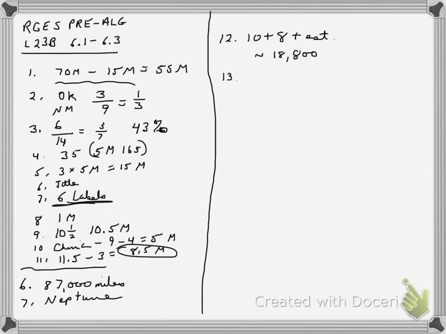Number 13, the number of deaths by drowning was what percent of the deaths by poisons? Find the answer to the nearest whole percent. Okay. Now the deaths by drowning would be about 3.5 thousand. Let's say 3,500.